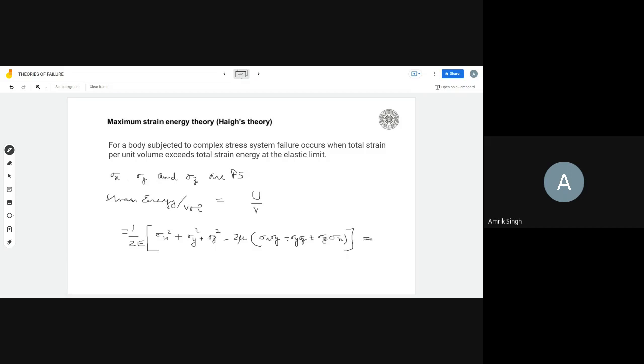So this is equal to sigma square upon 2E, where sigma is the yield stress, which is the strain energy per unit volume at elastic limit.